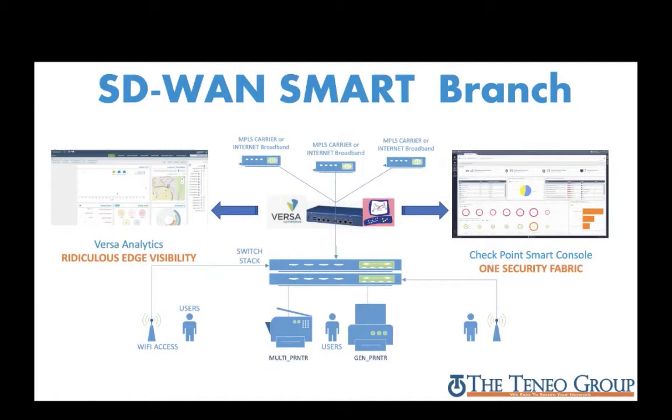Absolutely, yeah. It is ridiculous. Compared to what we had in the past, you'd have to enable NetFlow, and then you had to have a collector, and maybe you had to buy a third-party system that would look at that interface for you, and that was an extra service you had to write on the network and secure it and pay for. This comes with it. This is part of the package.